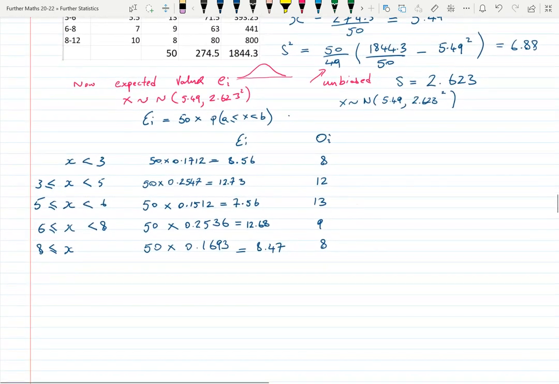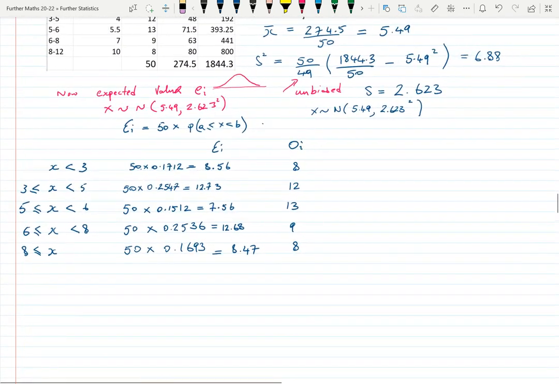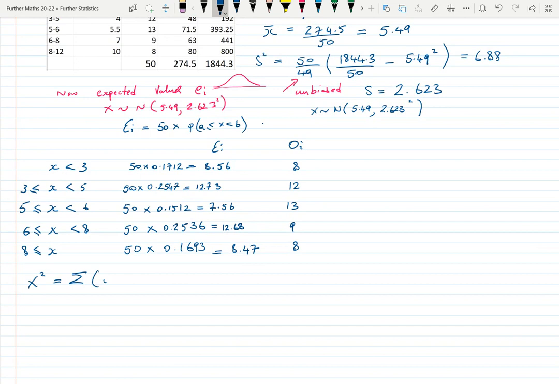Our test statistic for the chi-squared test is X squared equals the sum of (Oi minus Ei) squared over Ei. So let's write the first one out.